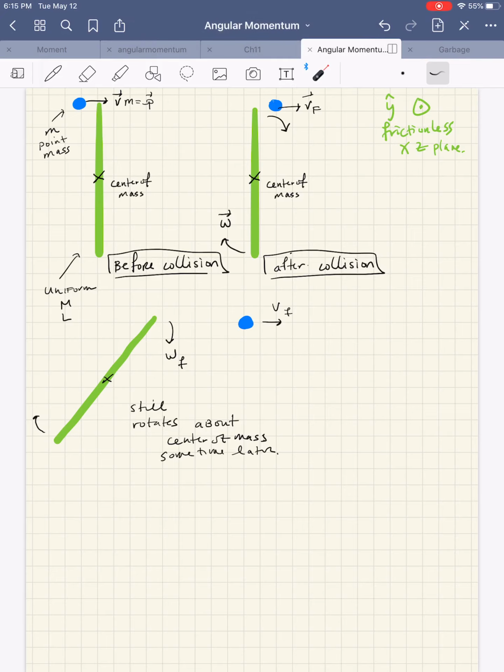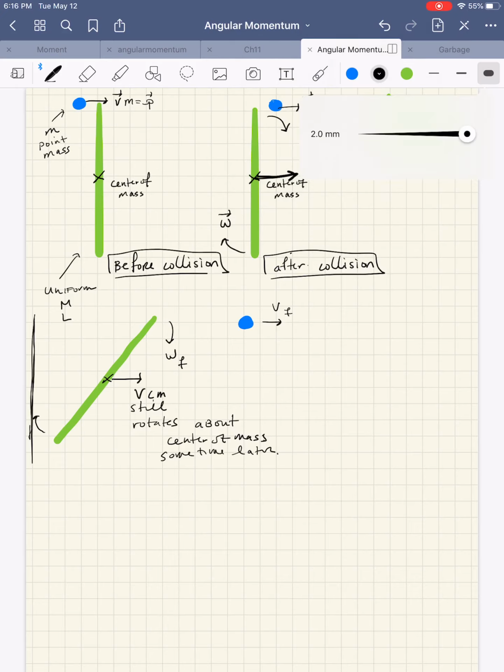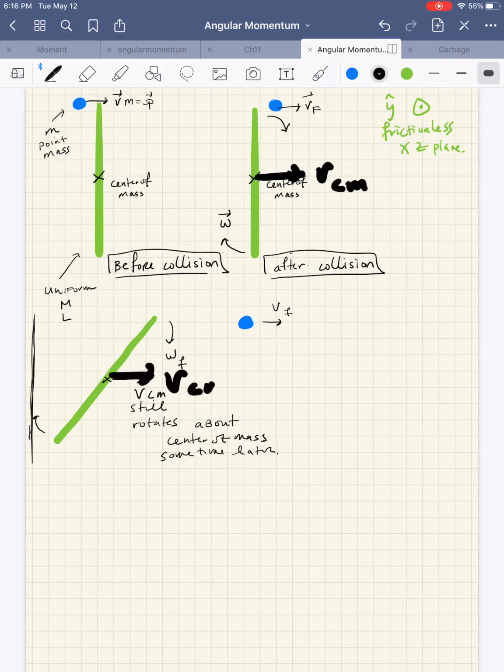But what actually happens is that the center of mass is moving too. So maybe this is sometime later, and maybe this would be the initial position of the collision. And the center of mass is just moving along here. Maybe we should make that bigger. The center of mass is moving, V center of mass.